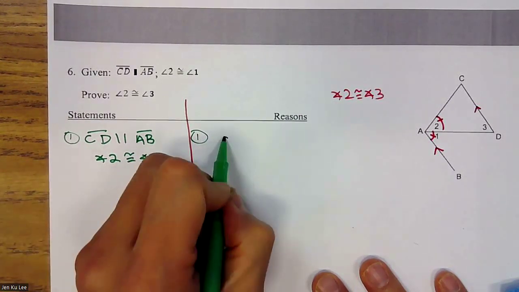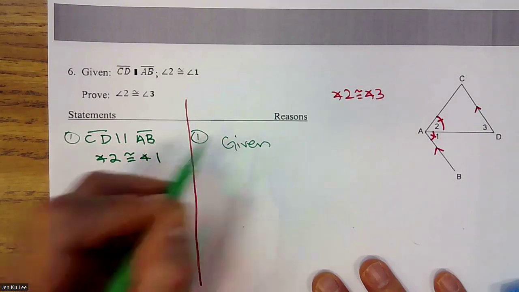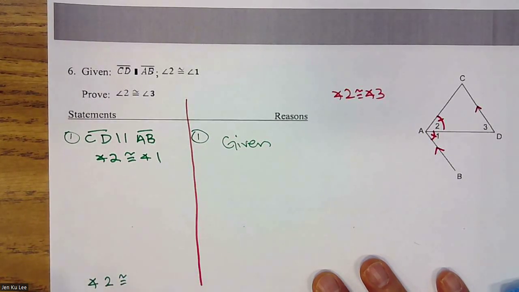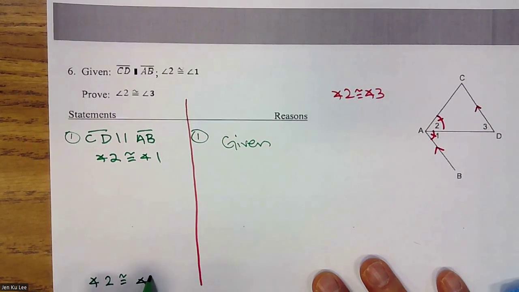Okay? And the reason is given. Your last step, I'm not too sure what number step it will be. So I'm just going to put the step down without a number, is your proof statement.